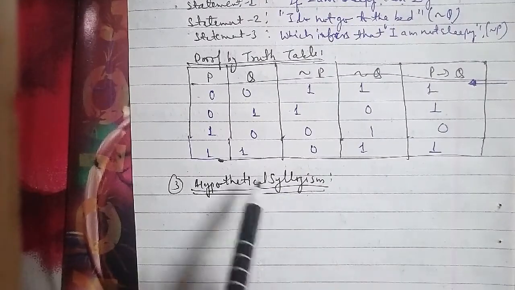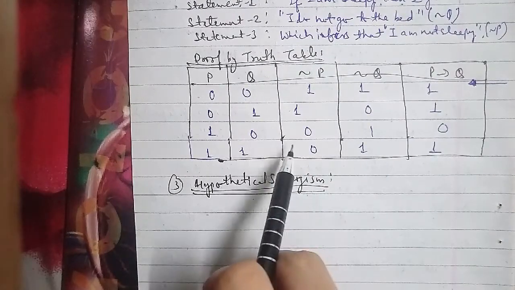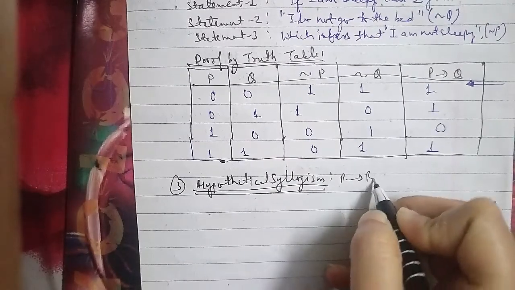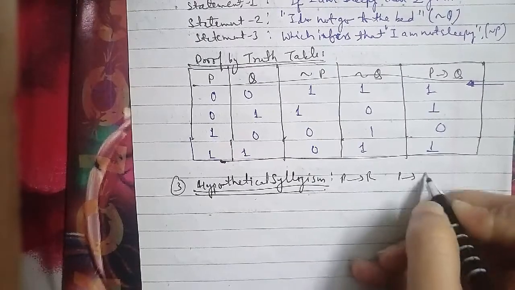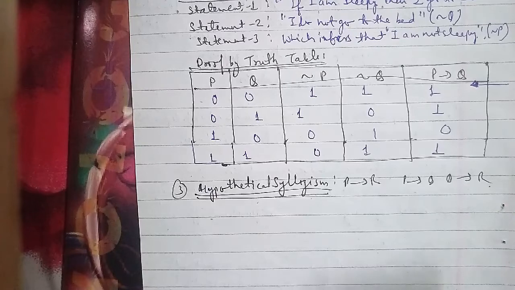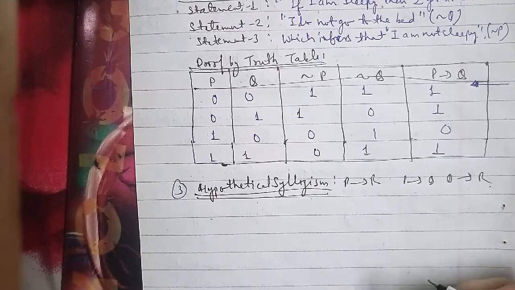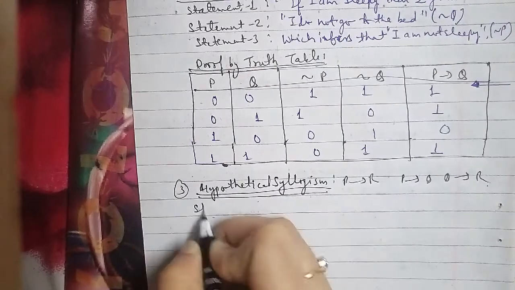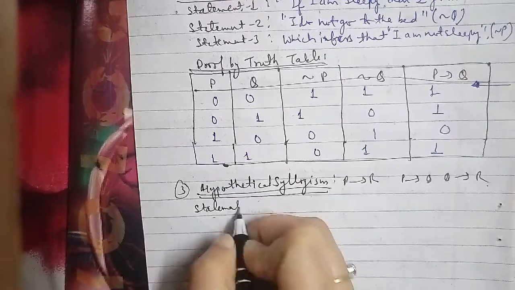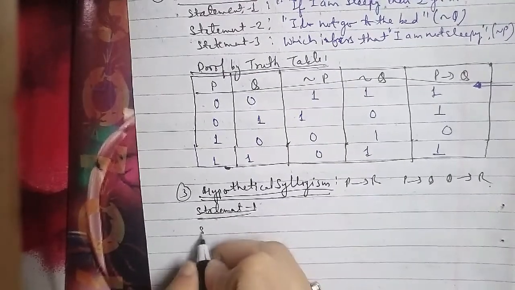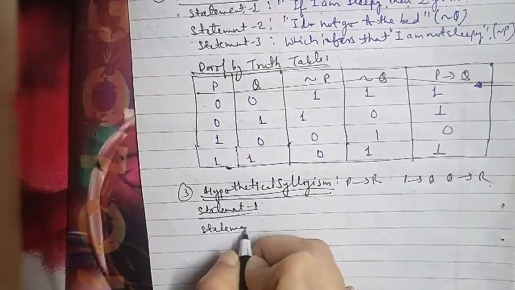So let's go ahead with the statements here: statement 1, statement 2, and statement 3. Even though we write statement 3, it is the conclusion, so only two statements are there.